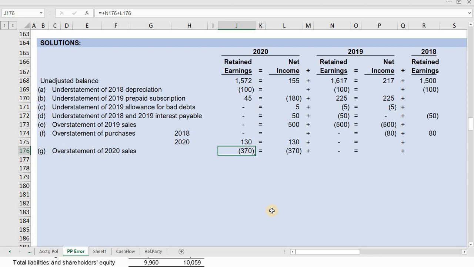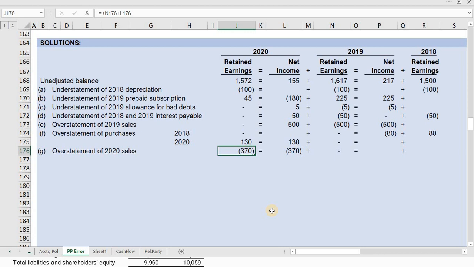However, since the sale resulted to a loss of 30 pesos, the entity also failed to record the loss on the sale of equipment at 30 pesos. So it means that the net income in 2020 is again overstated by 30 pesos because the loss on sale was not recorded.